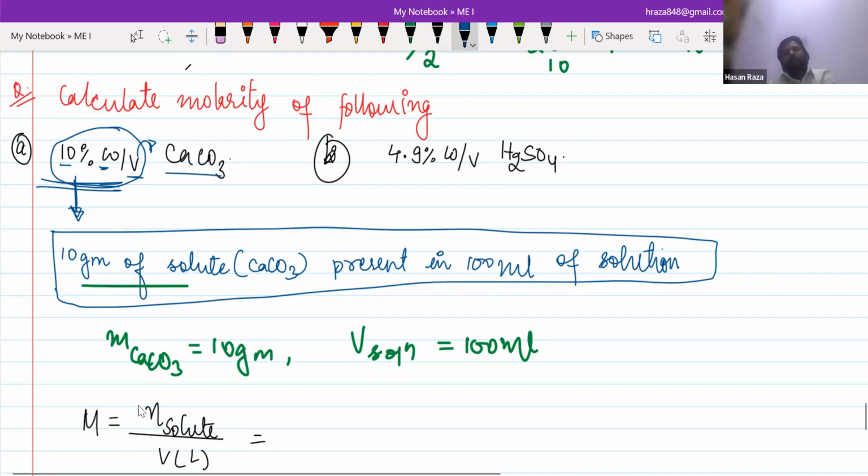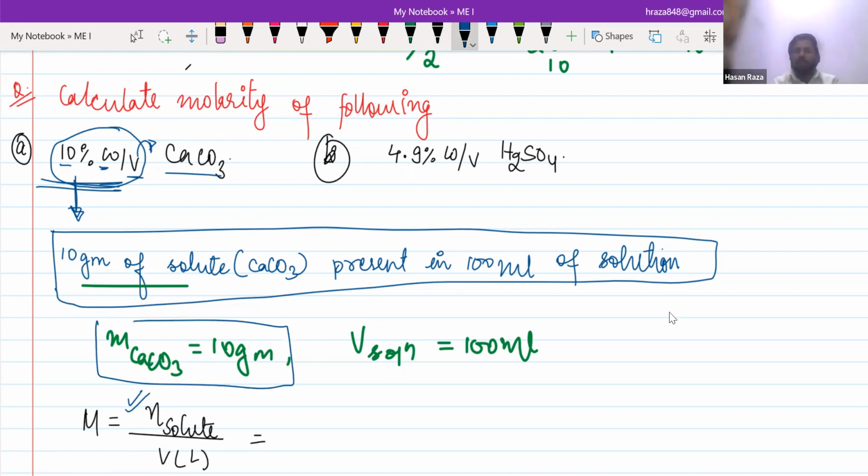Again, we need to put the value here of number of moles of solute, but mass is given, but we can calculate easily. Number of moles of CaCO3 will be equal to given mass upon molar mass. Given mass is 10 gram, and molar mass for CaCO3 will be 100, and you will get number of moles as 1 by 10 moles.